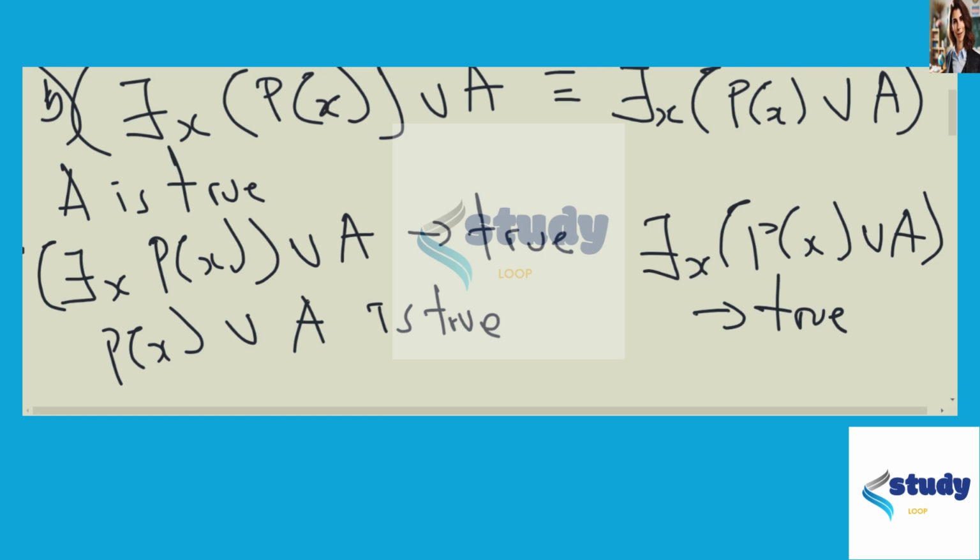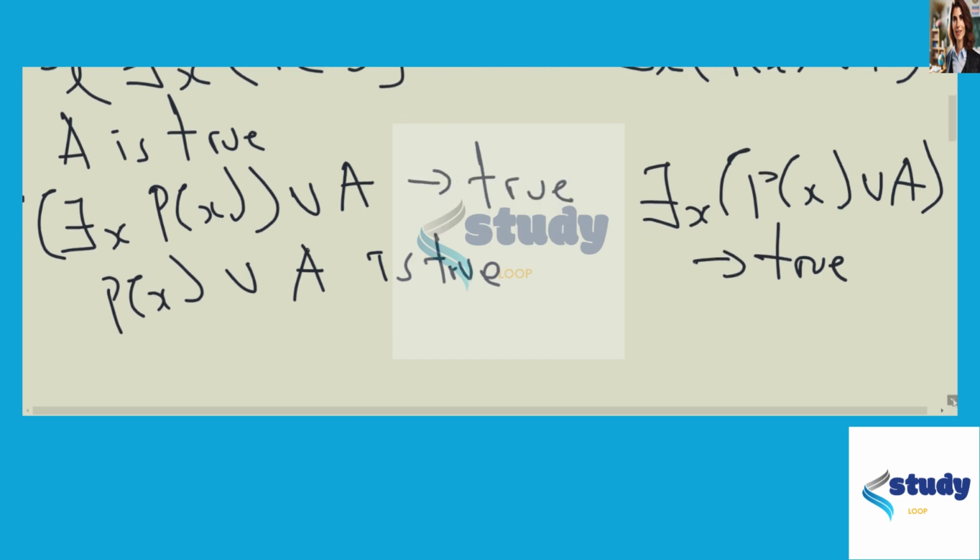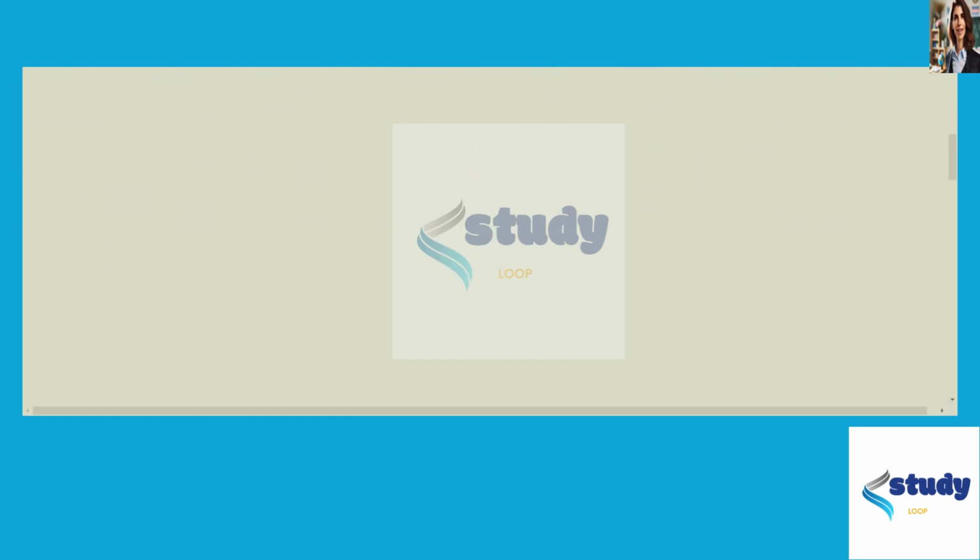So when we consider the next case, when A is false, we are going to get P of x is true for all x.